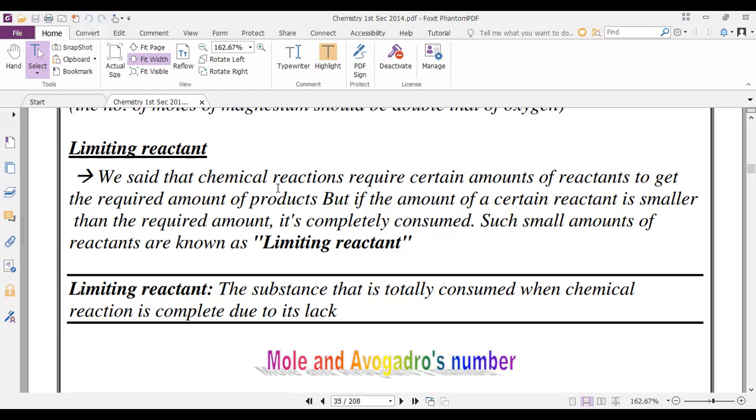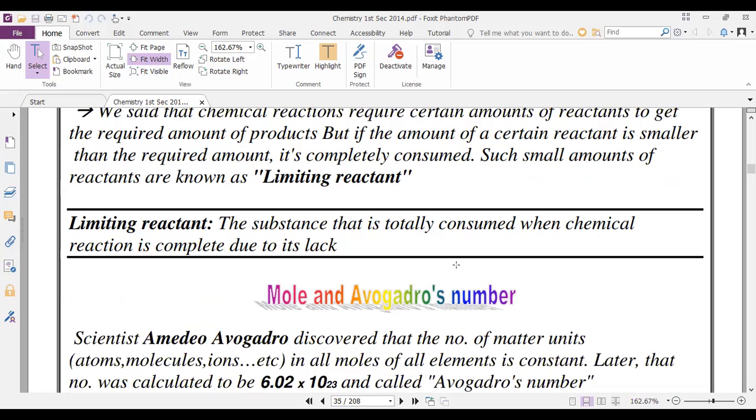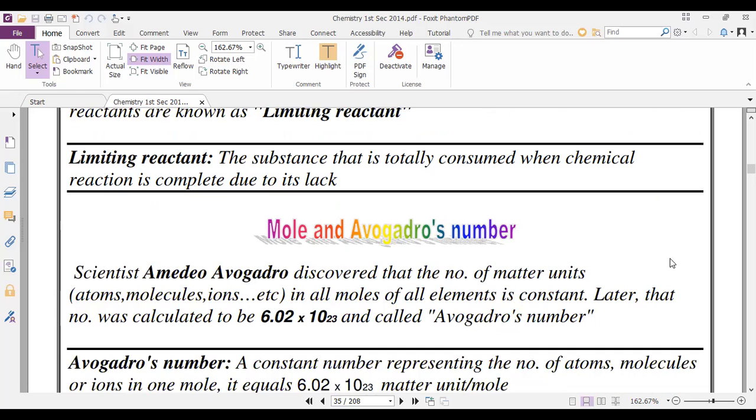So try to repeat again what is meant by limiting reactant. The substance that is totally consumed when the chemical reaction is complete due to its lack. Yes.